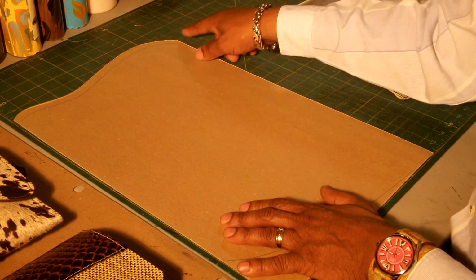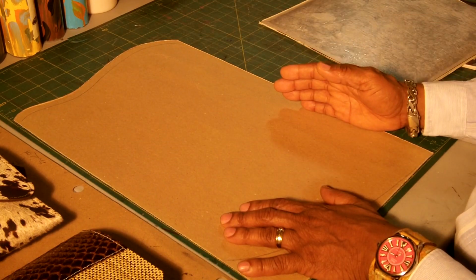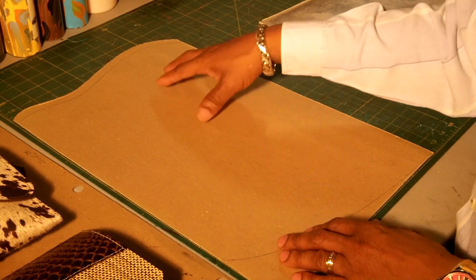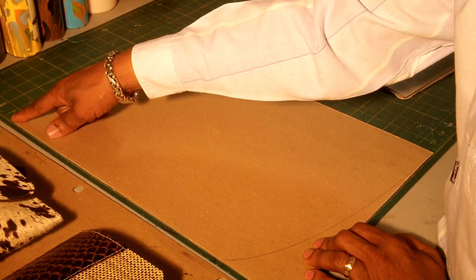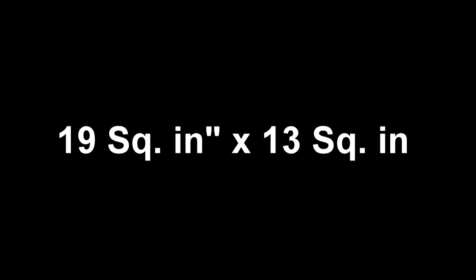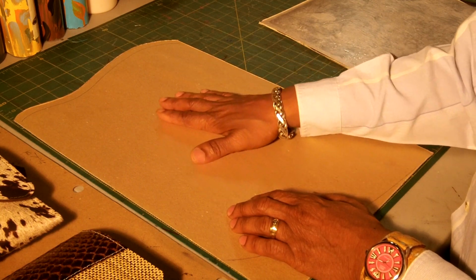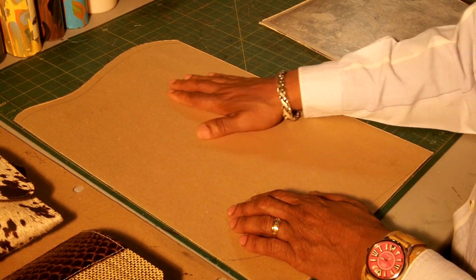It's 13 inches, not 12 and a half inches. So what we would do is take 19 square inches by 13 square inches and multiply those, and that will give you the number of square inches that this pattern is.